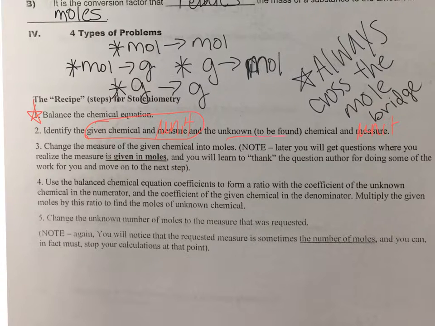And you need to find what you're going to be wanting, as well as its units. You change your given to moles, meaning you travel to mole town. So we're using your molar mass to travel to mole town. Then you're going to use the balanced equation coefficients to form a ratio. This is the mole bridge step.